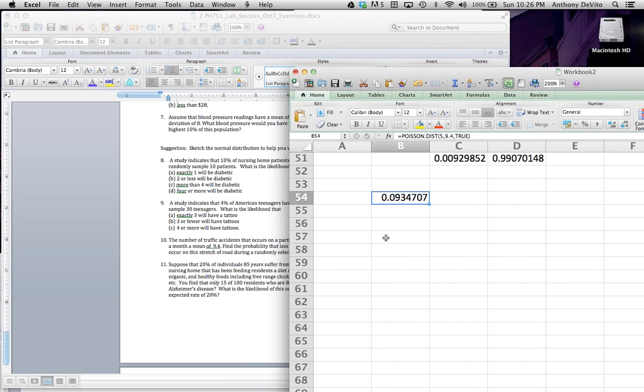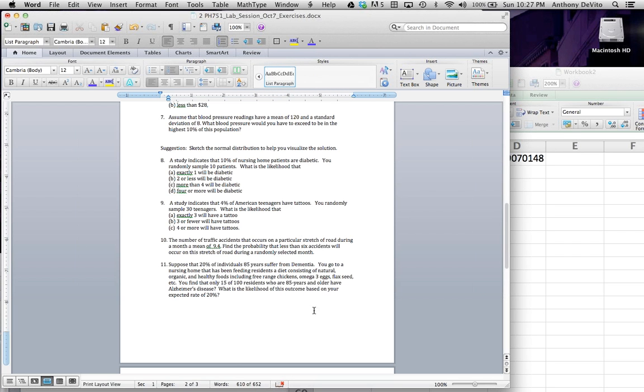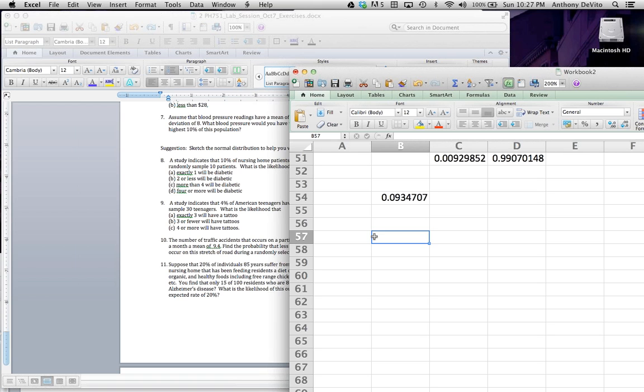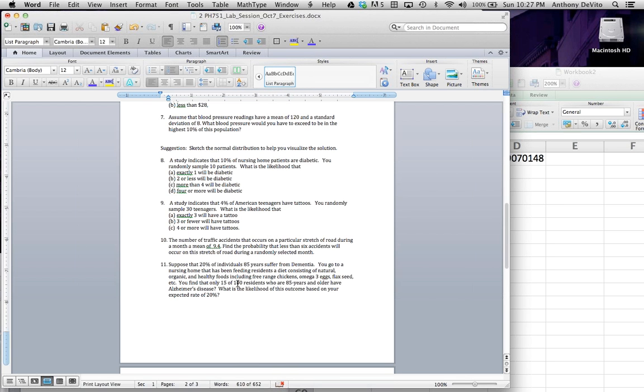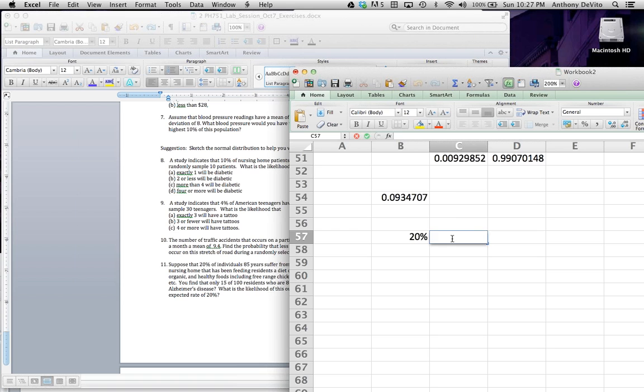Okay, let's take a look at this. Here's a binomial distribution. Either they have Alzheimer's or they don't, right? So we're dealing with a population where we would expect 20% to have Alzheimer's, and we're looking at 100 residents. 20% of 100: n times p is the most likely number, or the mean number I would expect to see if I sampled nursing homes with this population over and over.